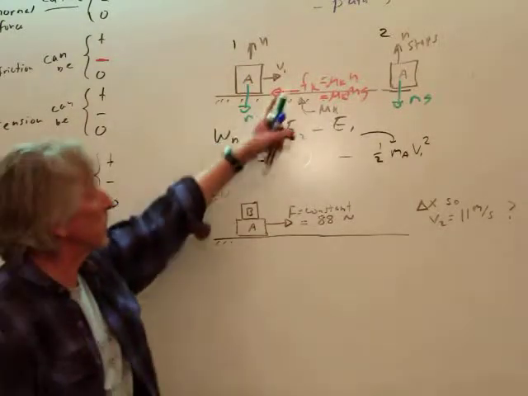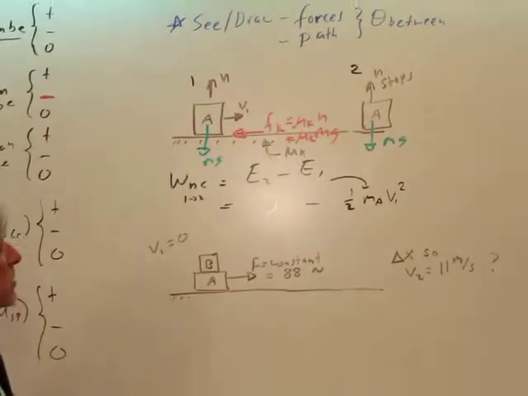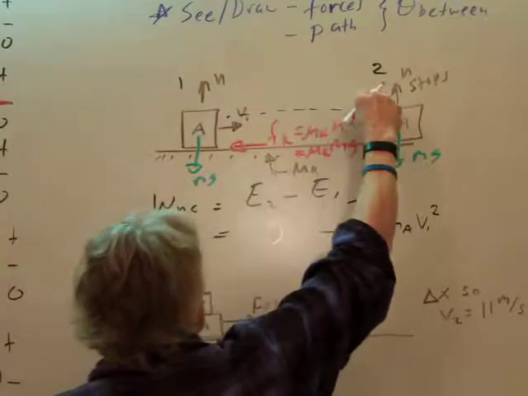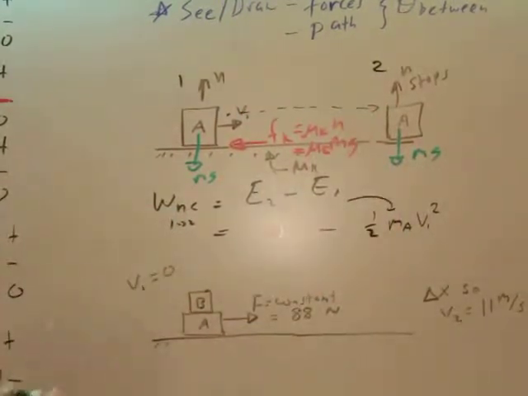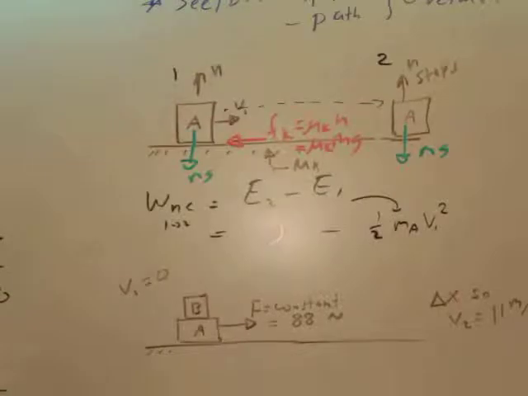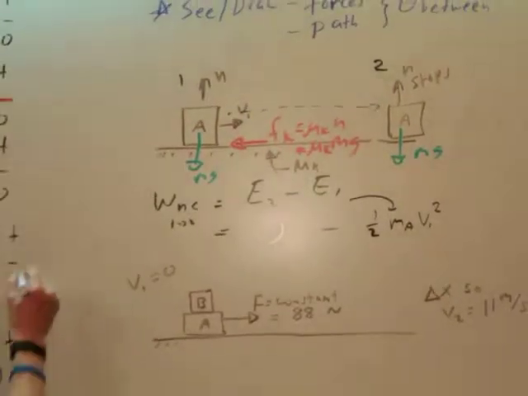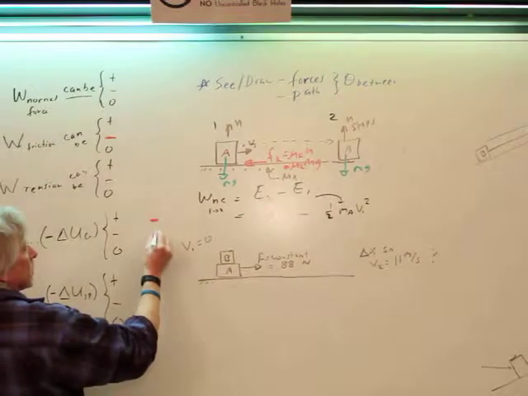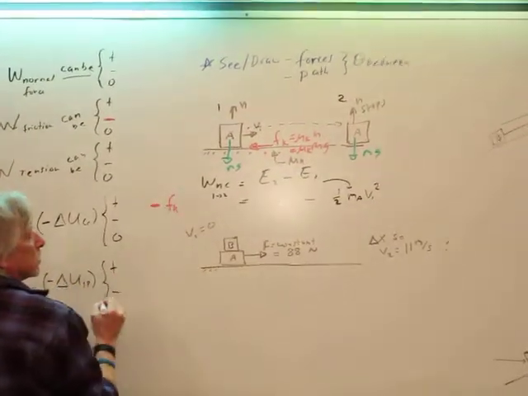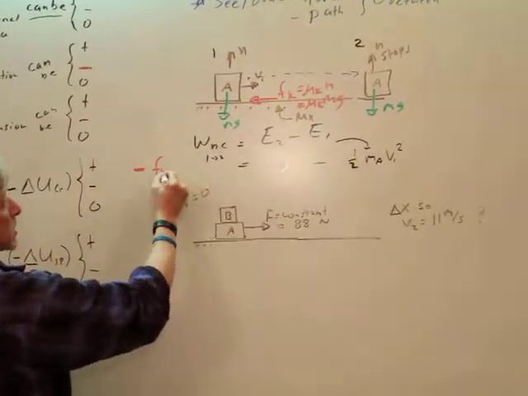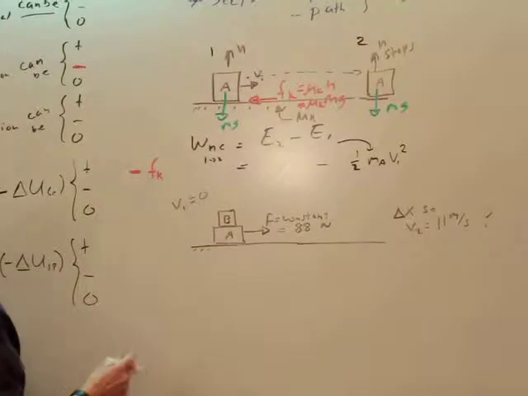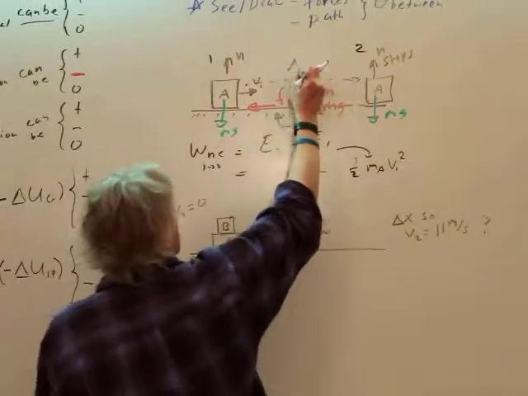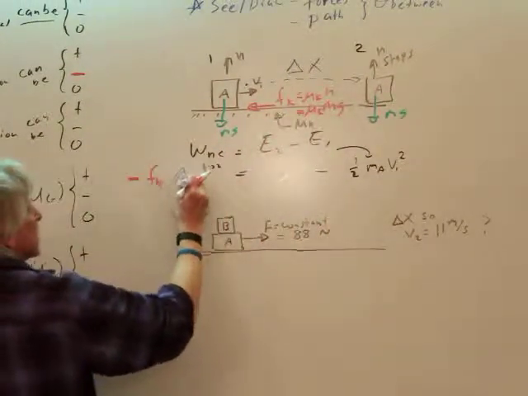I can also see that the path here is forward, that way. They're opposite. So clearly friction is doing negative work. It's going to be a negative force of friction times the distance traveled. In this case, I'll just call that delta x.